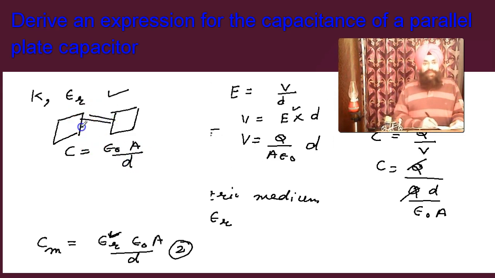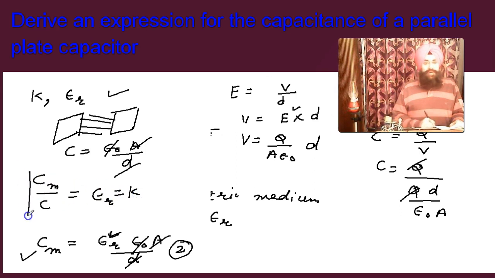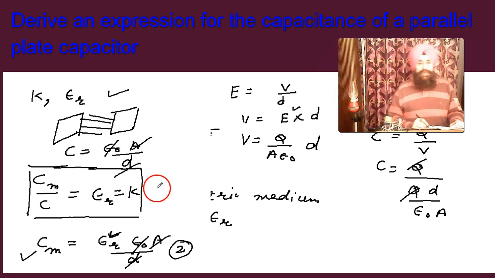If you fill with some dielectric medium, then the formula is this. So dividing, Cm by Cc, epsilon naught A by d cancels out, and what is left is epsilon R or K. So here we define what the dielectric constant is.